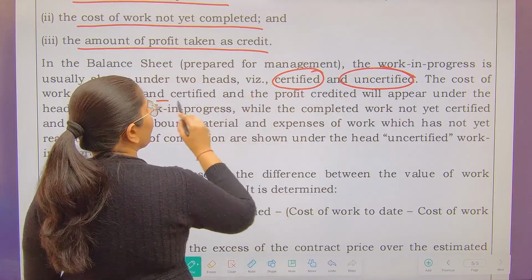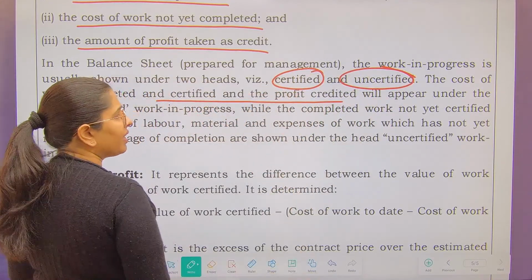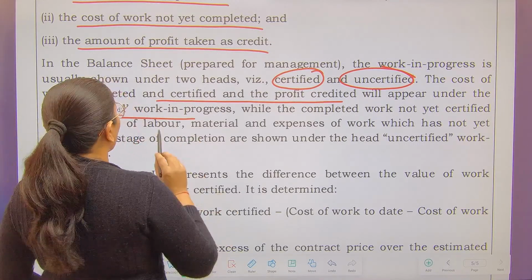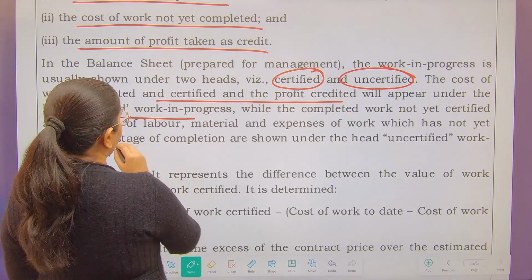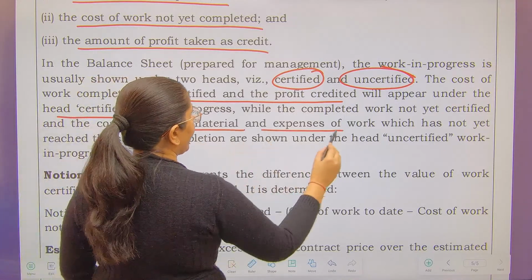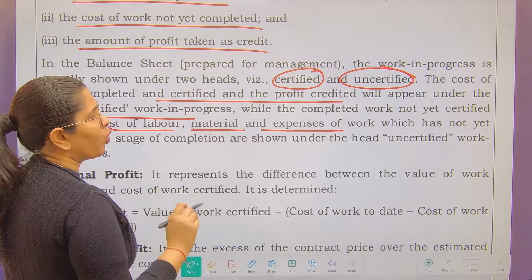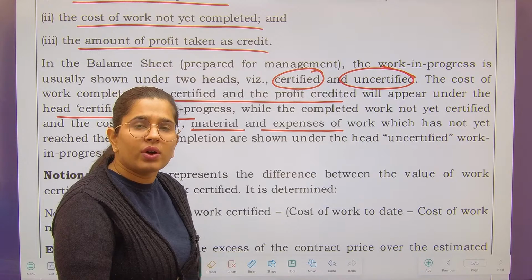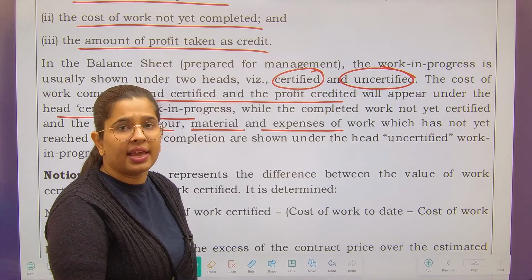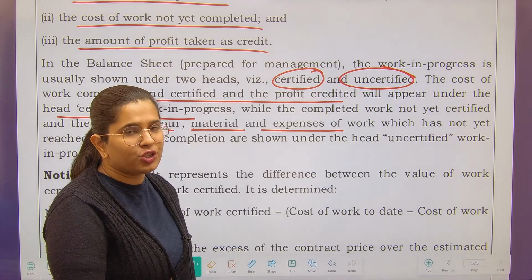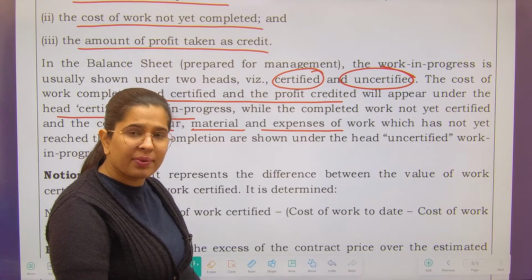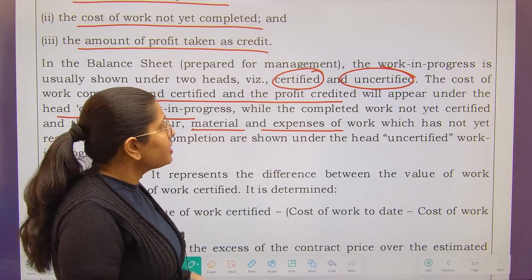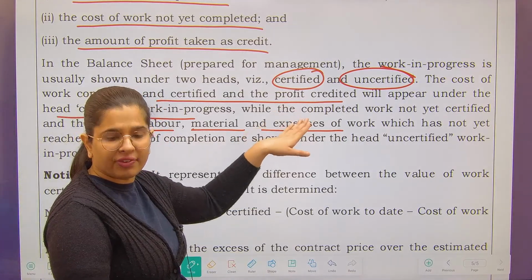The cost of work completed and certified and the profit credited will appear under the certified work WIP, and work which has not been certified, its labor, material and expenses will be shown under the head uncertified. The difference is that once your work is certified, you are eligible to receive contract price which is relevant for that particular section of work. Hence, you are also adding the profit.